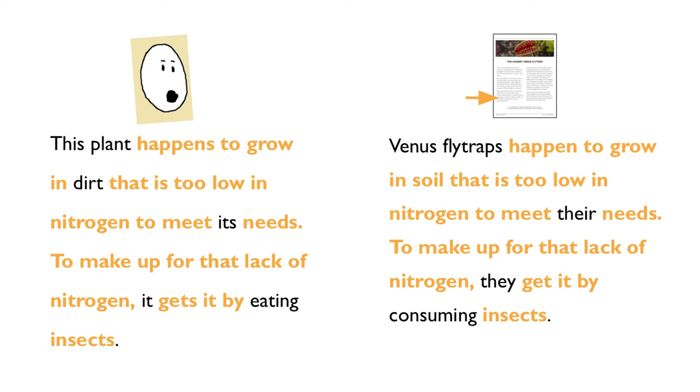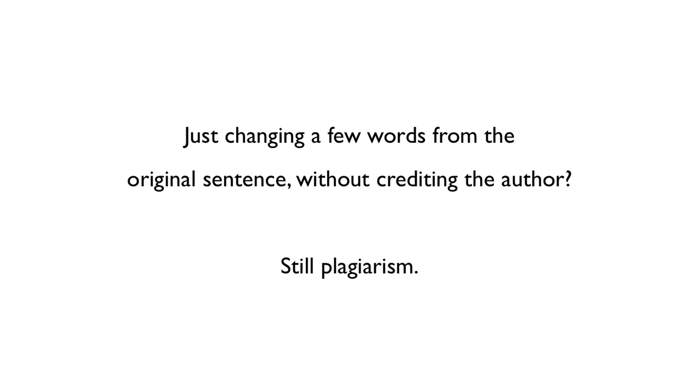Everything in yellow is identical and in the same order as the article over here. There's a few words in black here that are different. But just changing a few words from the original sentence without crediting the author, it's still plagiarism.